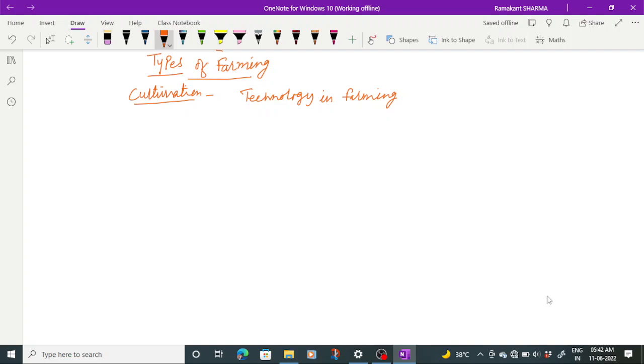First of all, we are going to discuss about the first part. This is subsistence farming. What do you mean by subsistence? Subsistence का तात्पर्य है जीवन निर्वाह है। जीवन निर्वाह हेतु the agriculture which is based on subsistence.